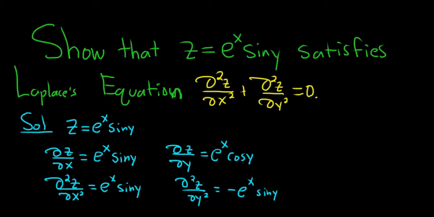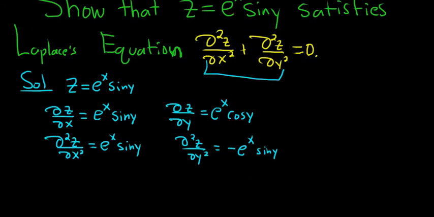All right, so now all we have to do is plug these into the equation, and we should get 0. And we do. So plugging everything in, let me write it again.